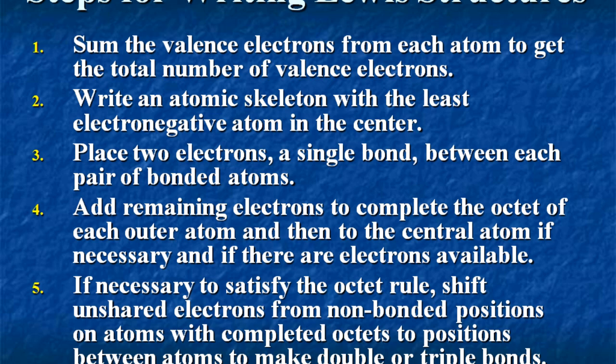Starting with the peripheral atoms, start giving everyone 8, and then the last step, check whether everyone has 8. If not, make the adjustments, right? Remember moving the unshared electrons into the middle and making them share. So these are the same steps, guys, written probably using a couple of different words, same concept.